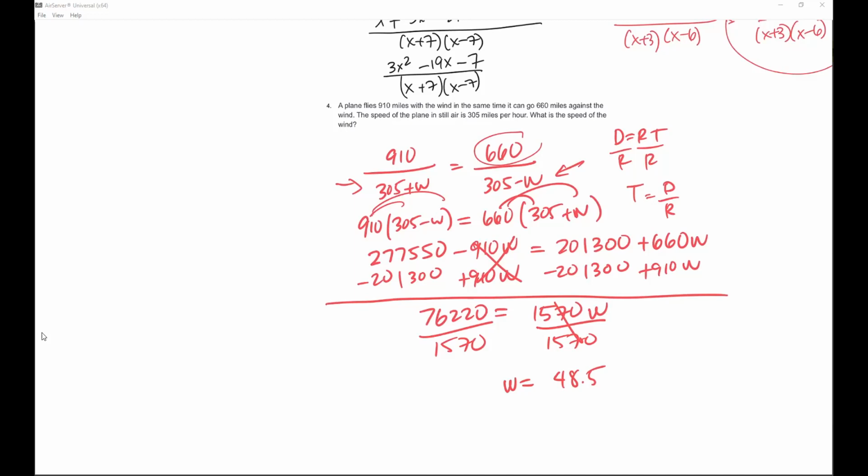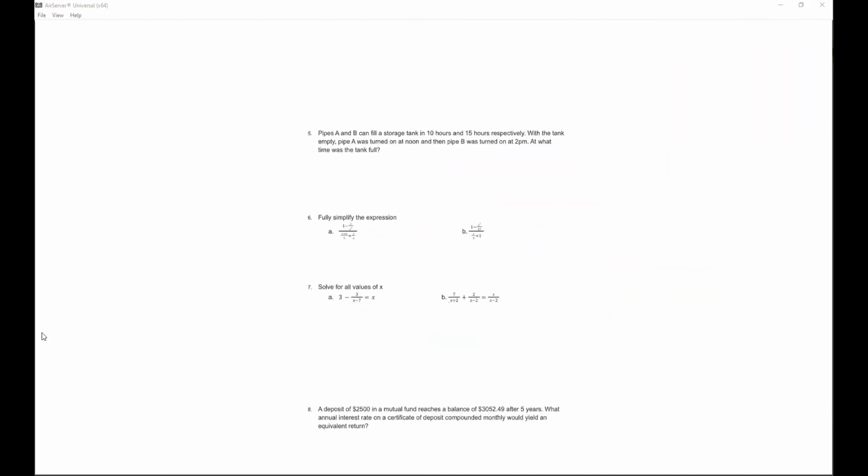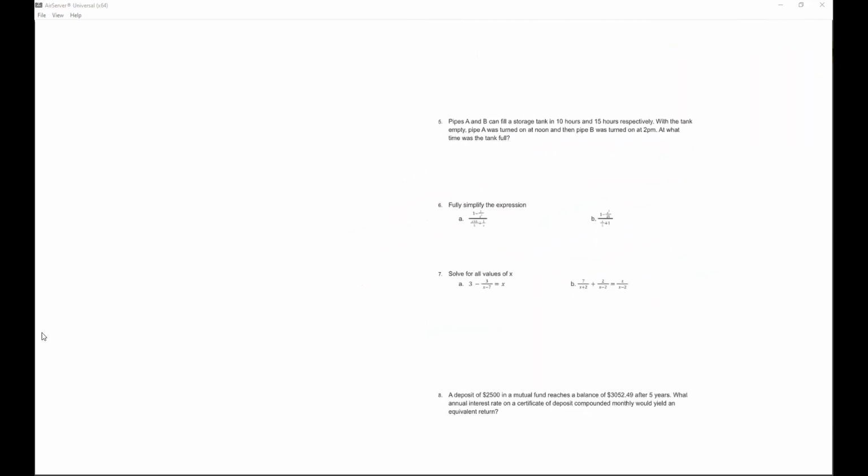Next problem. So pipe A, so this is 1 over 10, right? Plus 1 over 15 is equal to 1 over x, right? Multiply both sides by x.